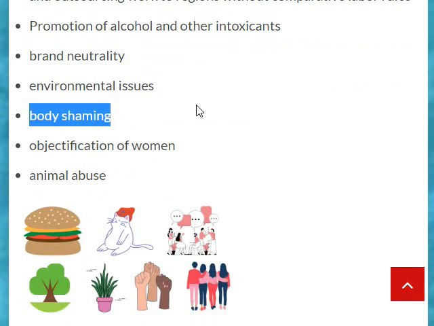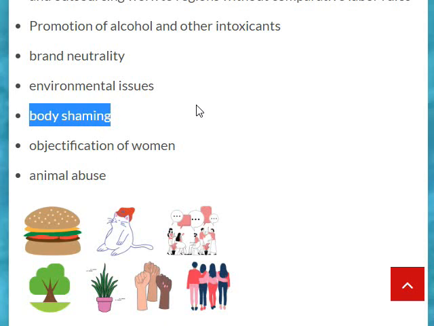Body shaming is also something which has been in the mainstream media for good, because now people are questioning brands who tend to advertise using very thin models. People are now expecting brands to have models or people who are more relatable to real life people, or more relatable to themselves, and who do not showcase an unachievable body type.